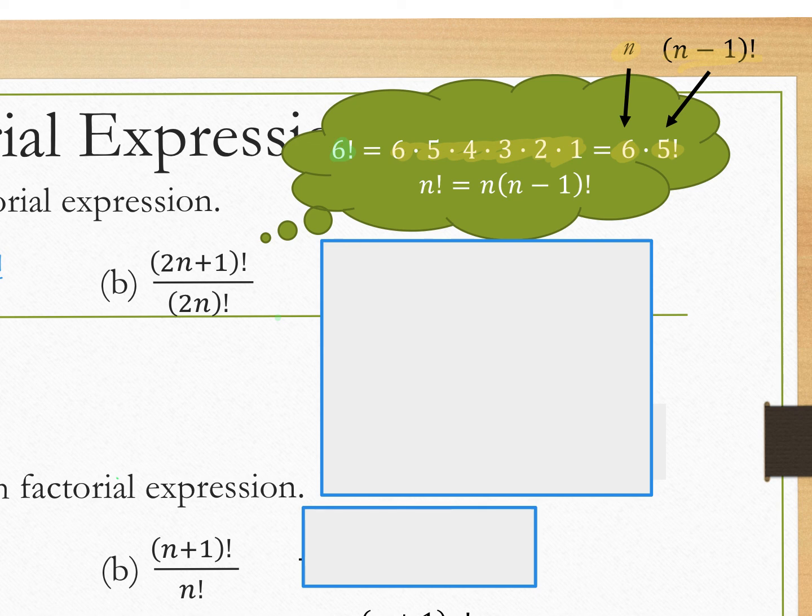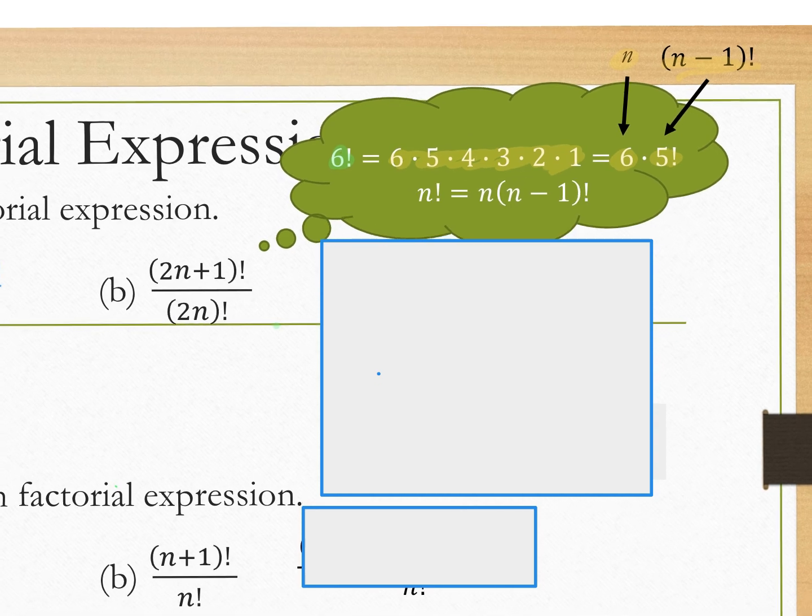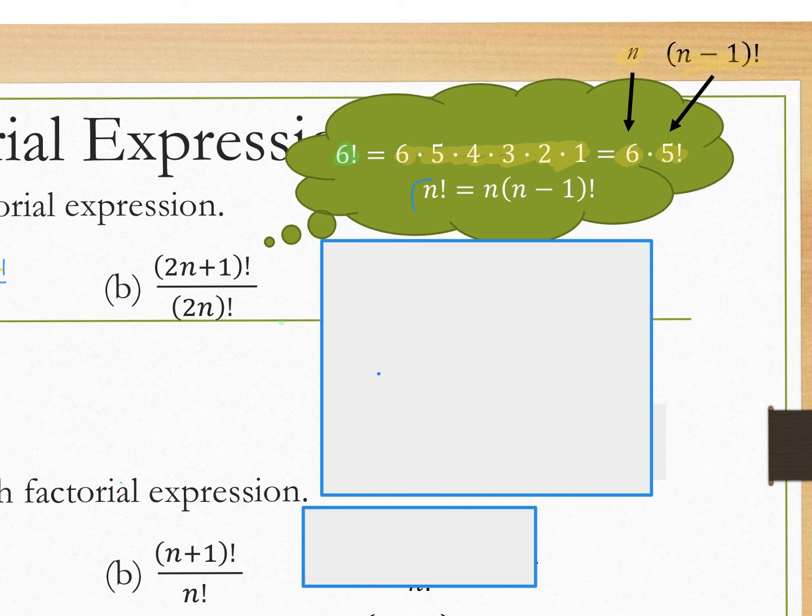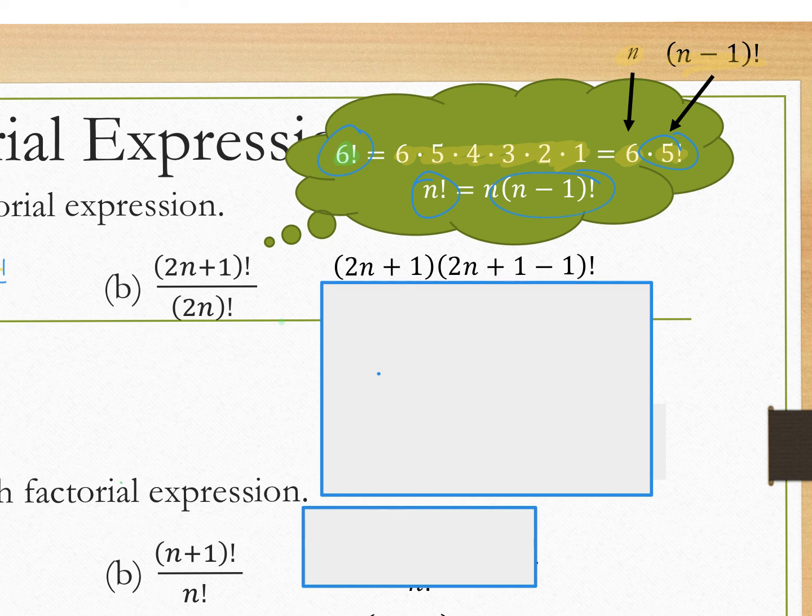So I want you to think of this next problem in a similar manner, right? So it's like the 6 matches with the n and the 5 matches with n minus 1. So if I have 2n plus 1, okay, couldn't we write it as 2n plus 1 times 2n plus 1 minus 1 factorial, because it's a term fewer.